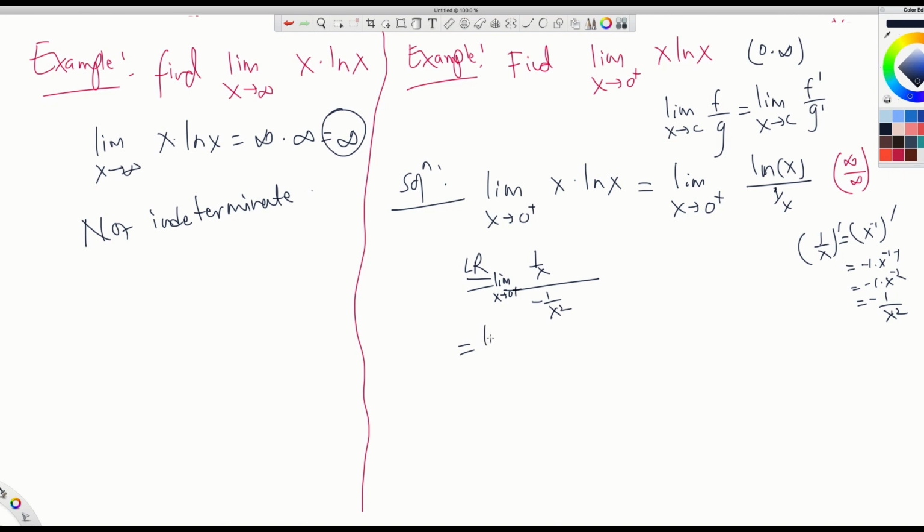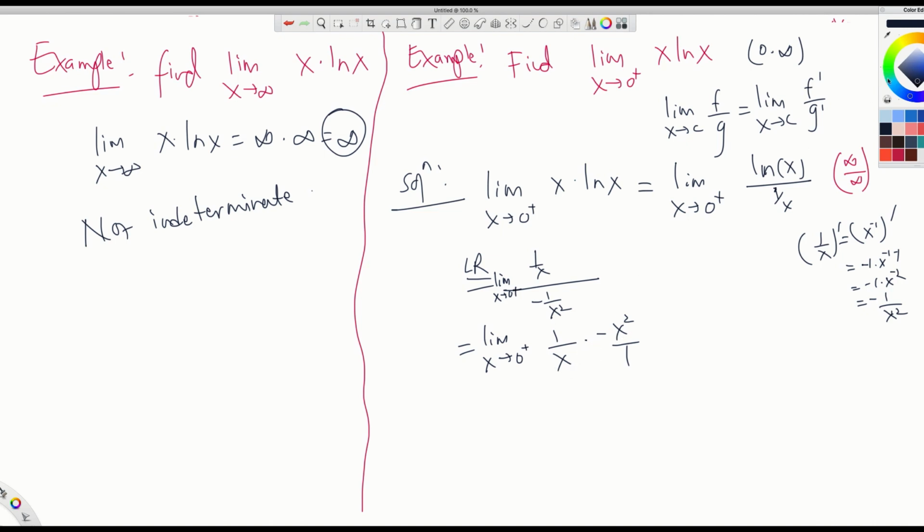It is basically the limit as x tends to 0 plus of 1 over x times negative x squared over 1. There is a fraction of fractions, correct? So I want to write it as the product of two fractions: 1 over x, the top fraction, times the reciprocal of the bottom fraction.